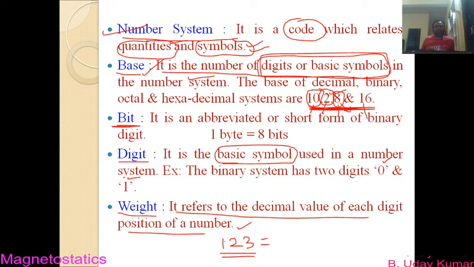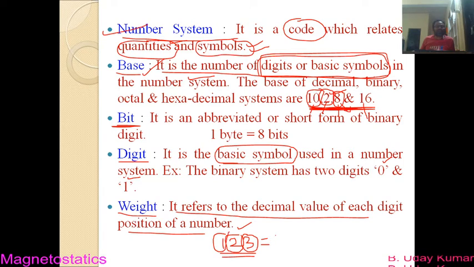It has 3 digits in this example: 1, 2, 3. These are all basic symbols, right? But depending on its position, its value is decided. That value is called weight. So for example, 3 is in the units position, 2 is in the tens position, and 1 is in the hundreds position.